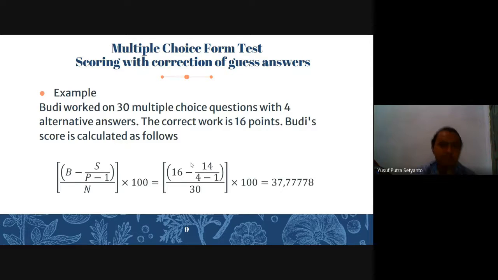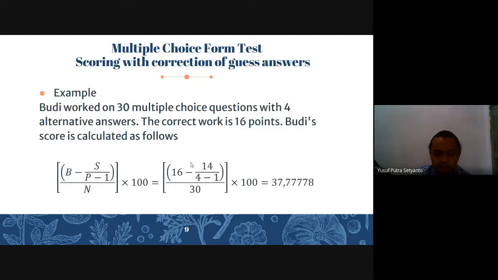B is 16, and the rest is 14, which is the false answer. Then over 4 minus 1, over 30, we get the score 37.77778, or it can be said that the score is 38.